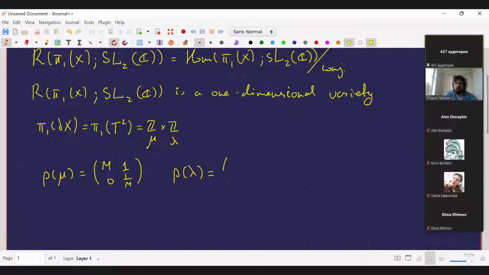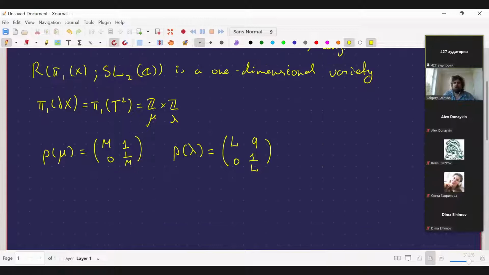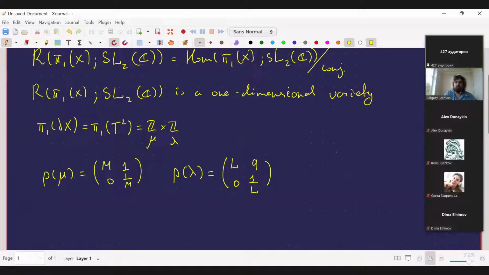So we always can conjugate our representation so that the representation of these generators has upper triangular form. Now we notice that if such a form is fixed, then we basically cannot conjugate our representation any further.